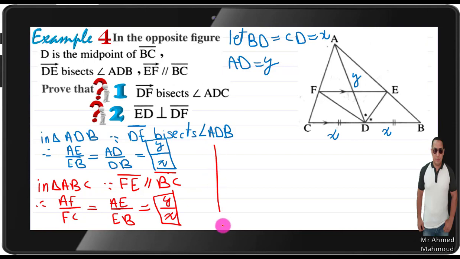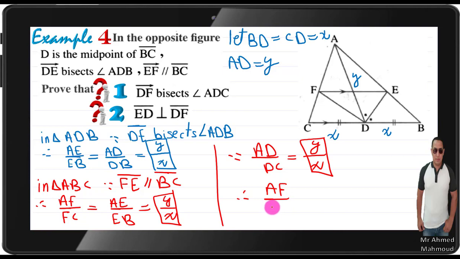So AF over FC equals Y over X, and already AD over DC equals Y over X. Therefore AF over FC equals AD over DC, both of them equal Y over X. Therefore FD bisects angle ADC.